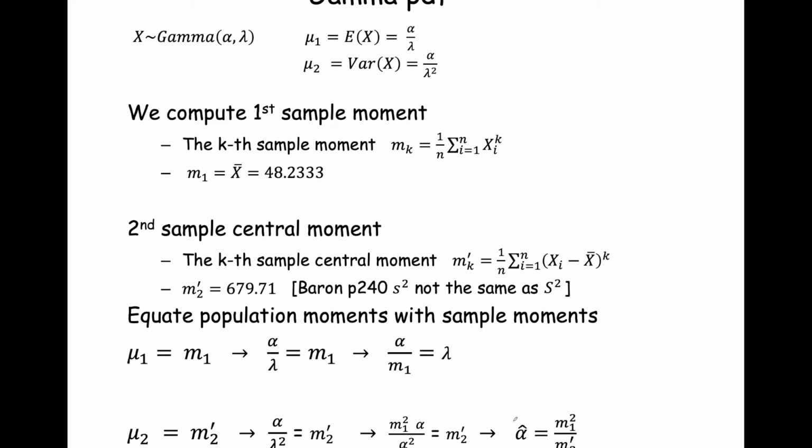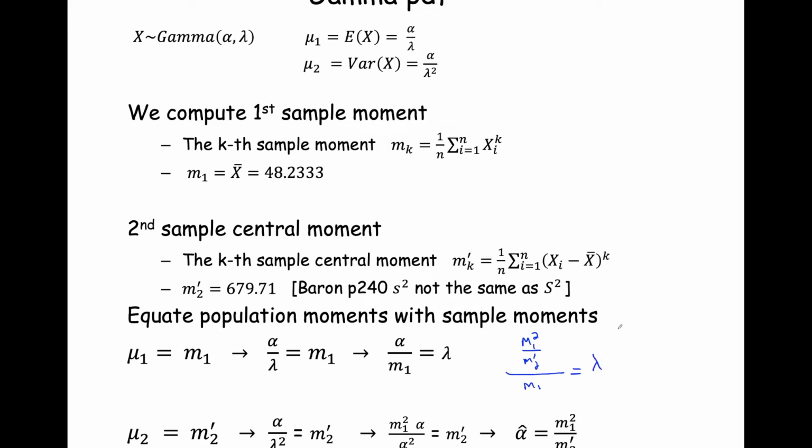Now that we know what our alpha is, we can go back to the first equation and make that substitution. So if we make that substitution, we have alpha here. We substitute for that, so we say m1 squared over m2 prime over m1 is equal to lambda. So what does that mean?